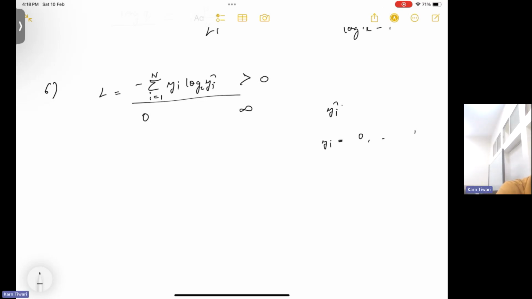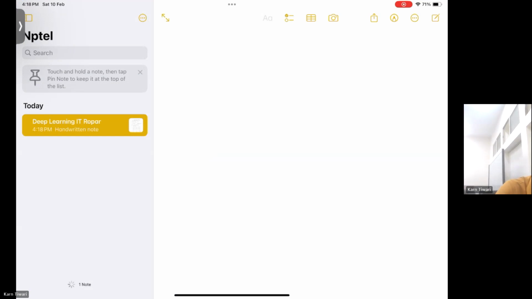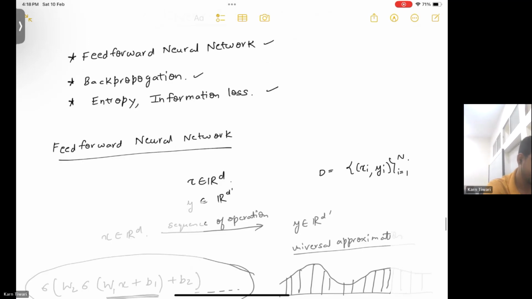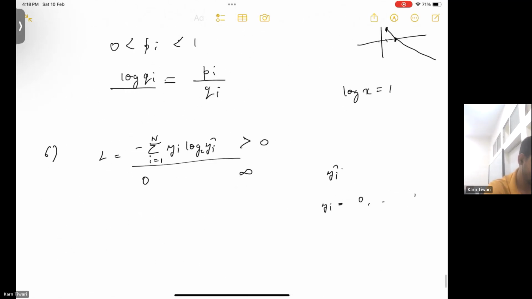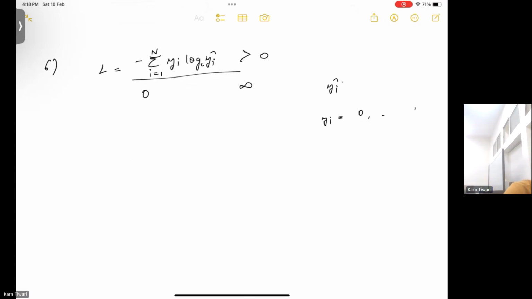We want this: minus log of yi cap, where yi cap is the probability, so log 1 by yi cap.